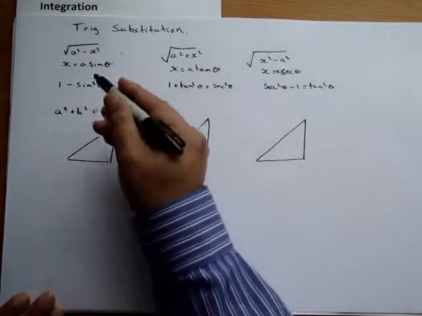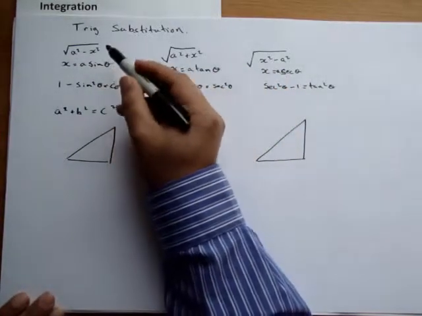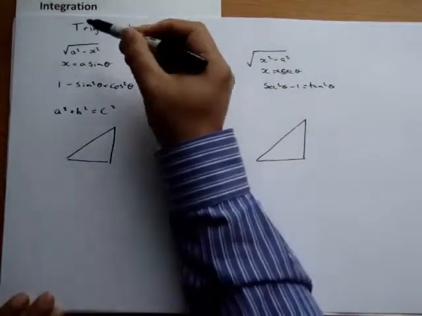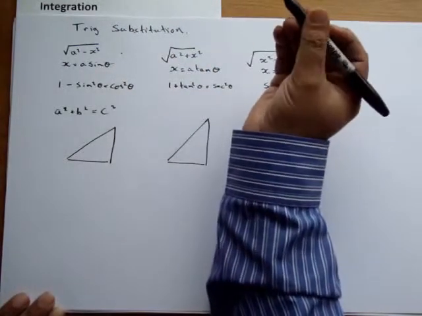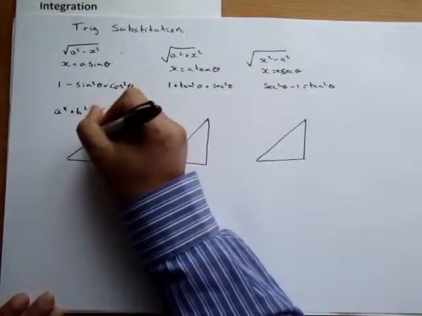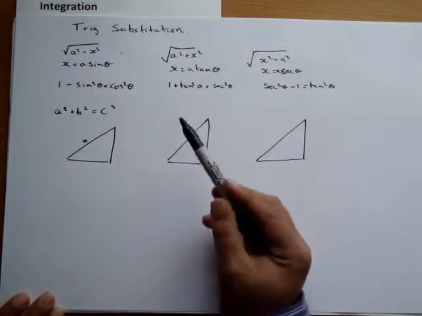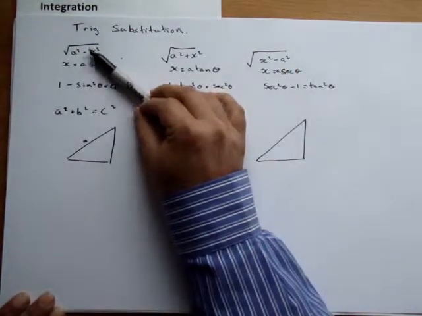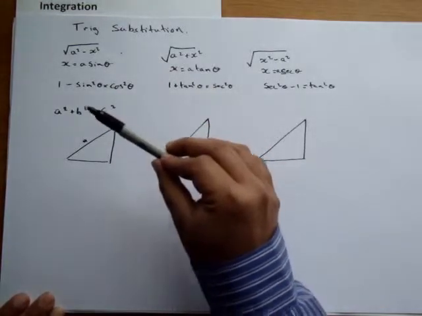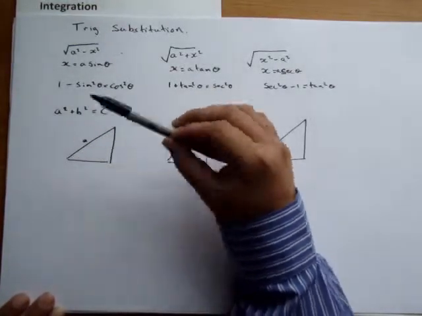So in this case, a squared minus x squared, the a is the largest number, so that would equal the hypotenuse. And then we have to decide which one is the square root and which one is the x.